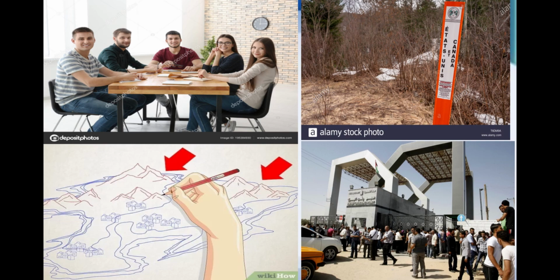It looks like maybe they're drawing the mountains too, but you get the point. The third photo is demarcation, where we have this French sign between the United States and Canada. And the fourth picture is the actual administration of a border, I think between Egypt and Israel.